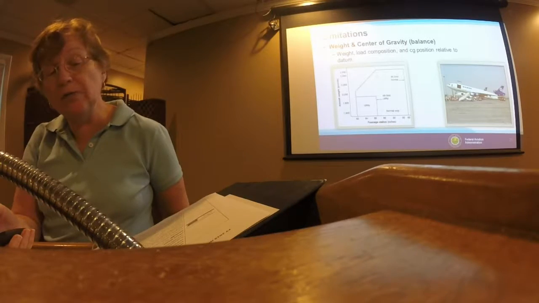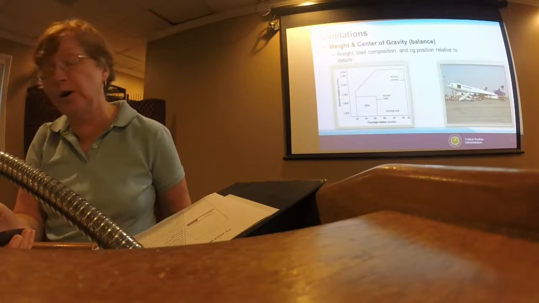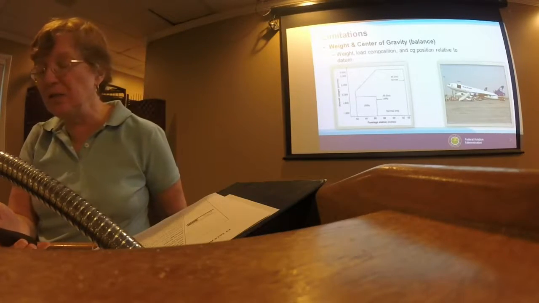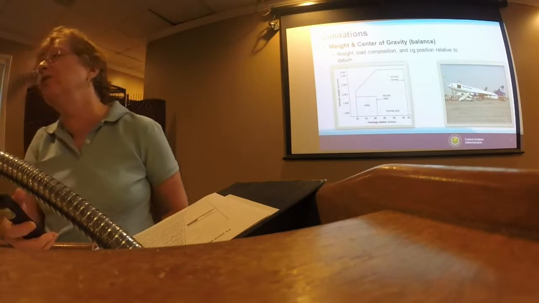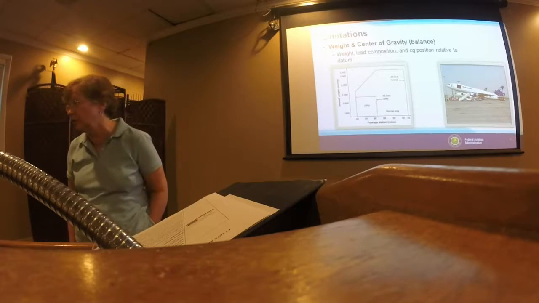The placement of the weight is important too. It makes a difference whether the weight is comprised of passengers, cargo, or fuel. Anybody know what a zero fuel weight is? It's something that you run into with some general aviation multi-engine aircraft.